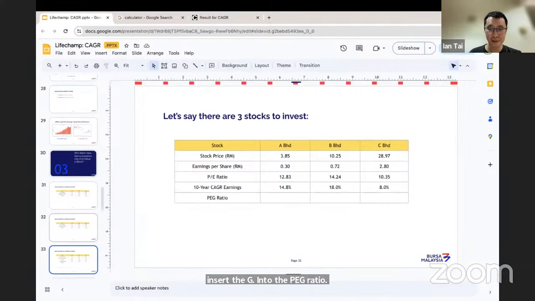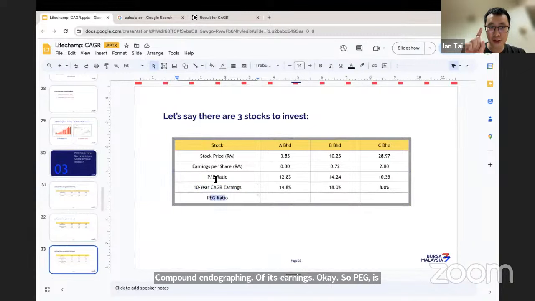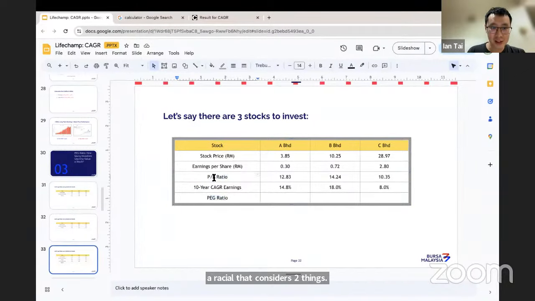Right now we have the PE ratio, and let's say we have calculated the compound annual growth rate of its earnings. So PEG ratio is a ratio that considers two things. Number one, the earnings of the company, and number two, the growth rate of the earnings of the company.